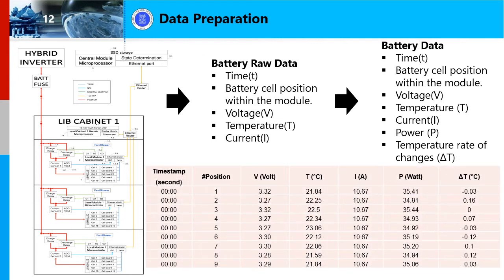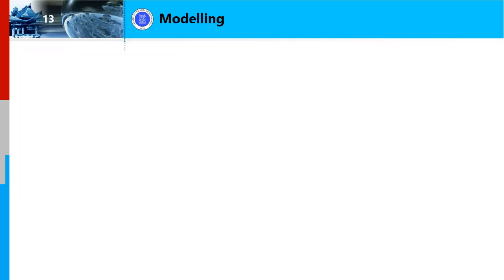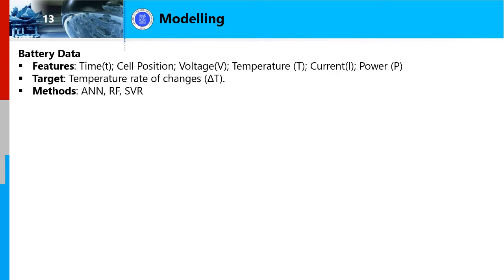An example of the training data is shown in the table. This data is then used in the modeling phase. The features for the modeling are time, cell position, voltage, temperature, current, and power. The target is temperature rate of change, so we can predict the temperature rate of change of the battery.